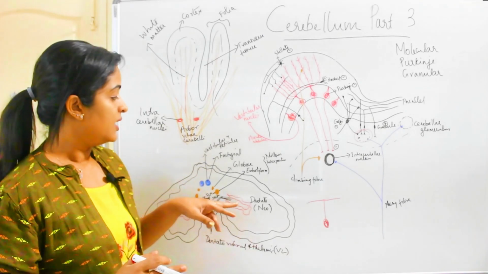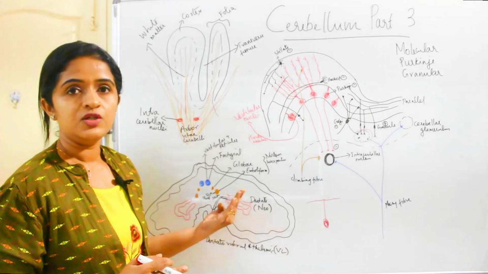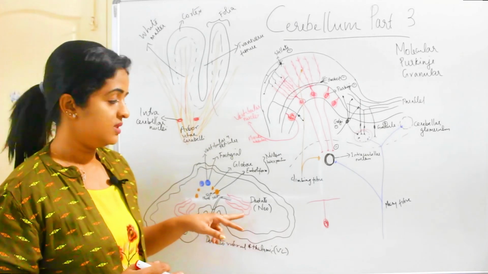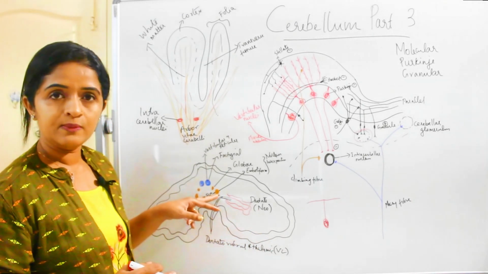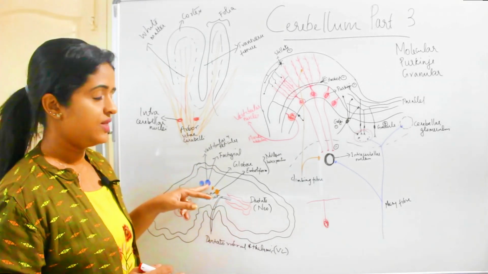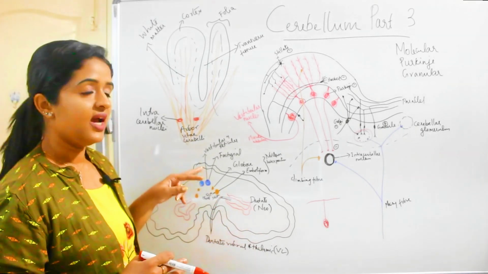These 4 nuclei are arranged from lateral to medial. Let's name them. The lateralmost, the biggest one, is the dentate nucleus. Then you have the emboliform nucleus. Then the globose. Then the fastigial nucleus. So it is D, E, G and F.